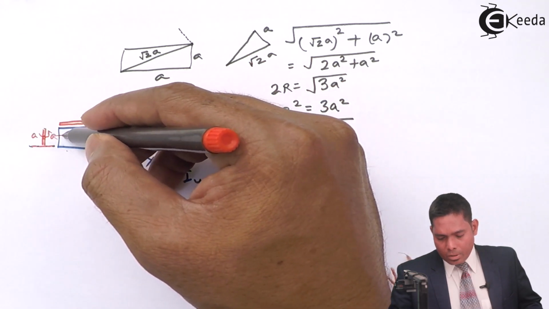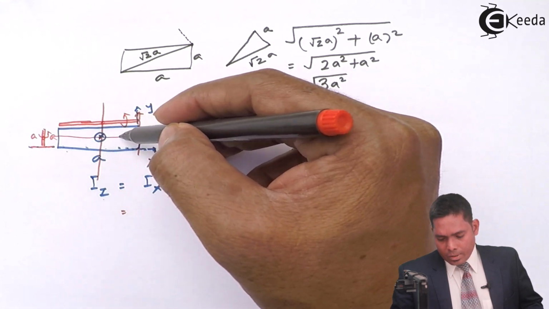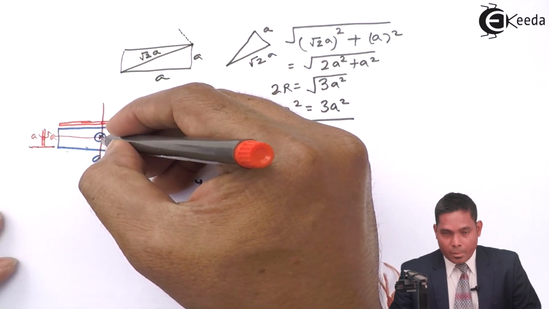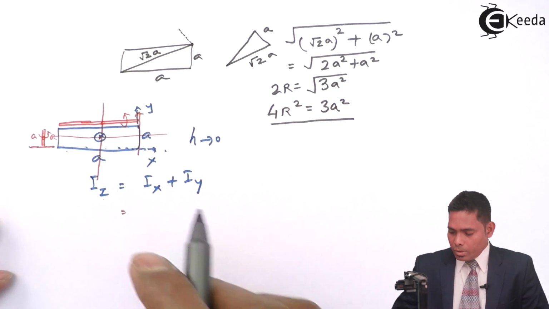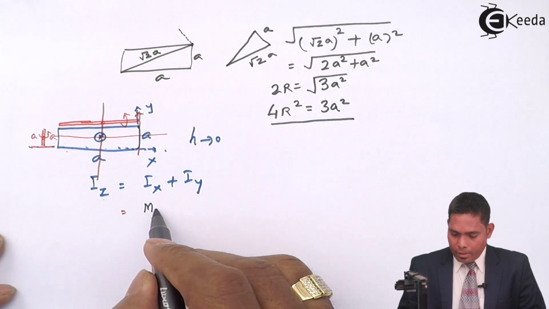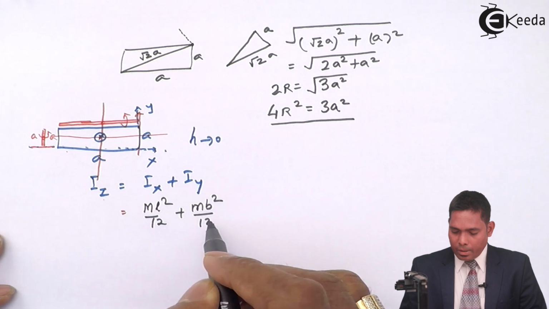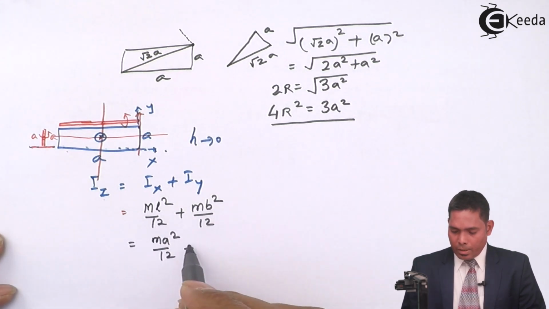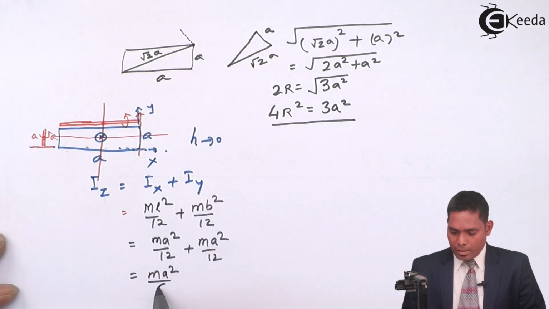But my axis passes from here and here, where I will consider the axis passing through this. So this dimension which is parallel is ml square by 12, and that is also ml square by 12. The breadth is also b square by 12, but length and breadth are same, so it is a square by 12 plus a square by 12. So this is ma square by 6.